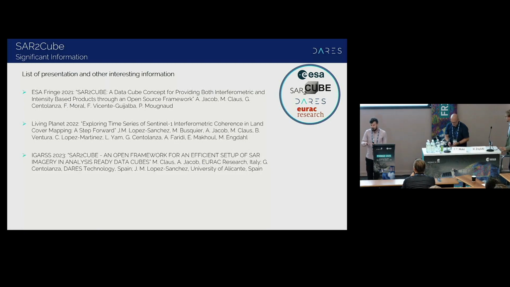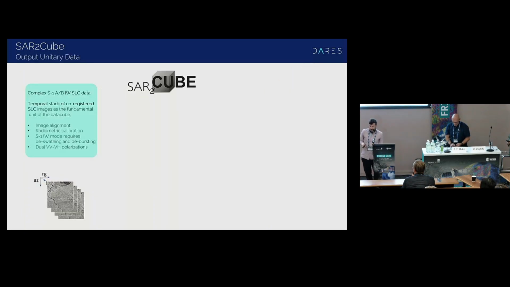Since the project ended in 2021, there is a list of presentations we already participated in, FRINGE 2021, IGARSS, Living Planet, and maybe some of you already heard about this. Let's see a little bit what is the basic information we need to store in the data cube, in this SAR2Cube platform.